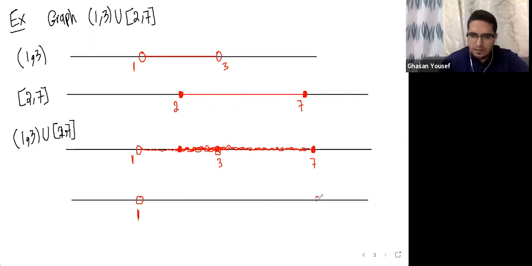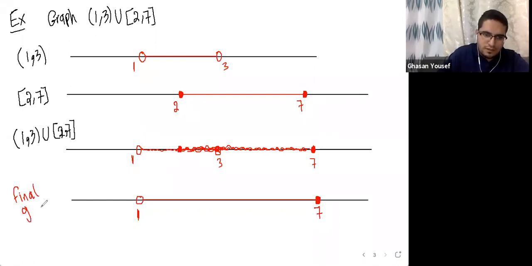And at 7 it is closed. So the final graph is from 1 open to 7 closed. This is 7. This is called the final graph. So the answer is the interval open at 1 and closed at 7. This is the answer.